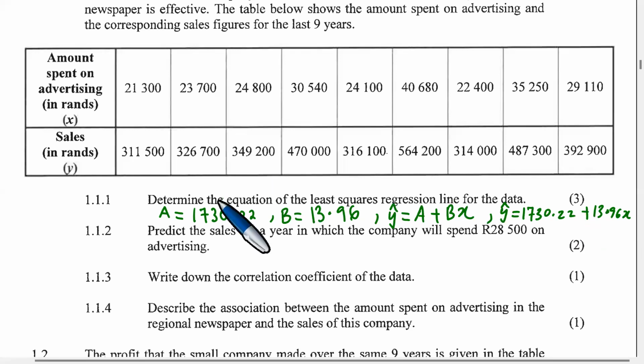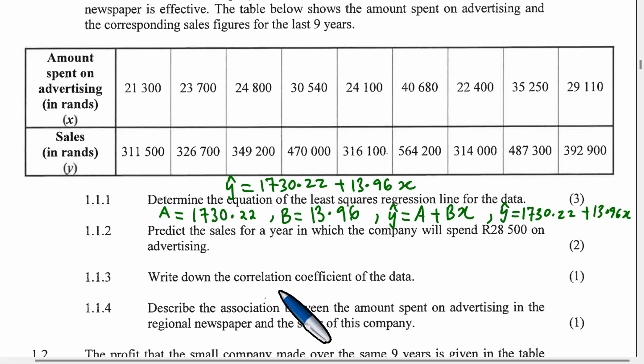The equation of the least squares regression line, if I'm to write it here, is Y hat, which is 1730.22 plus 13.96 X.